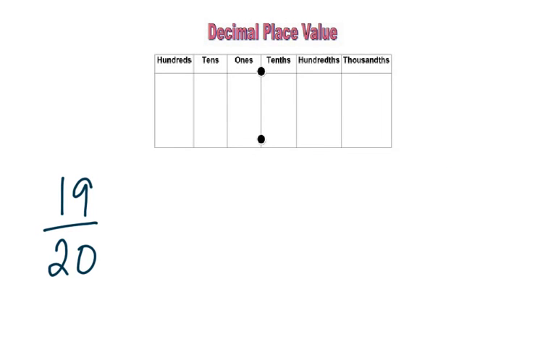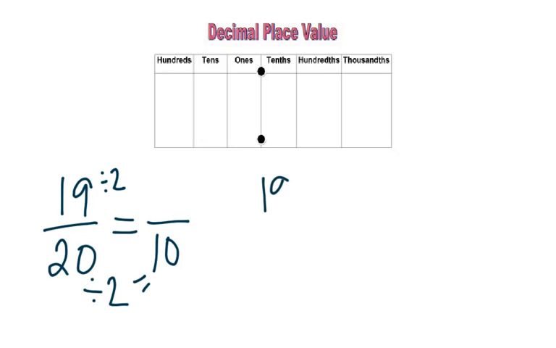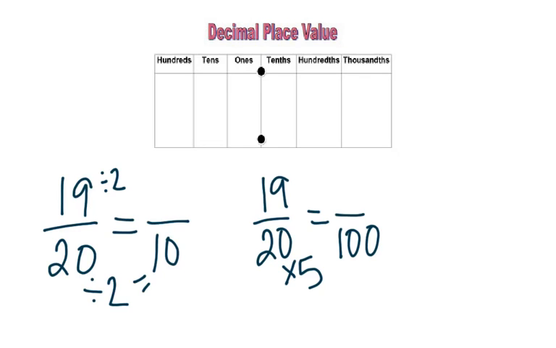In this example, we also need to make the denominator 10 or 100. My first thought is, oh, easy, I can do that because 20 divided by 2 equals 10. But 19 divided by 2 doesn't happen easily. So that is not going to be the way you want to do that. So instead, let's try 100. And we can do that because 20 times 5 is 100, because 2 times 5 is 10.